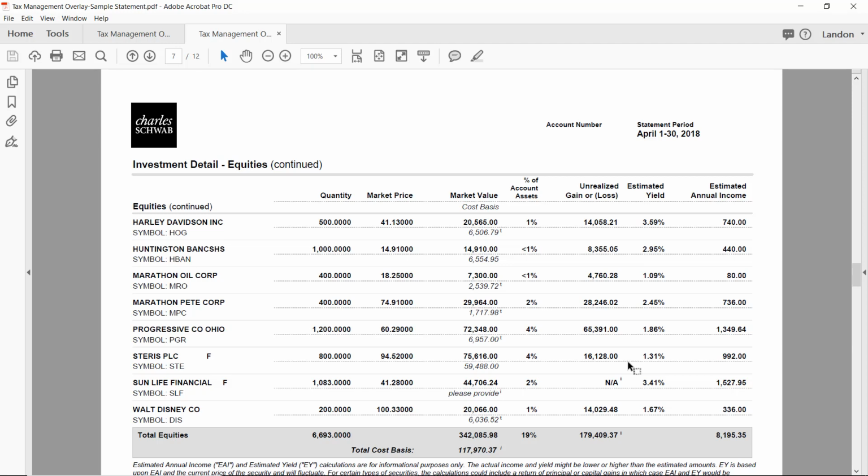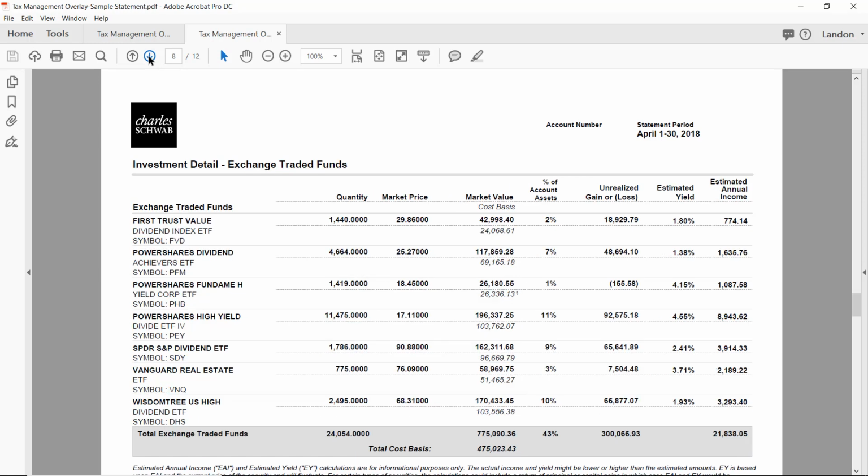And this, by the way, is an SMA account for one of our clients, an SMA that we built for them. There are actually some non-model positions in here, some legacy positions that we locked in our trading software. But this is a high dividend paying equity SMA that we manage and built for this particular client.